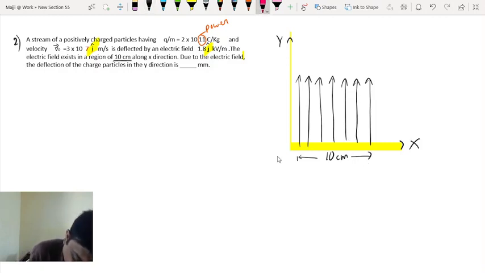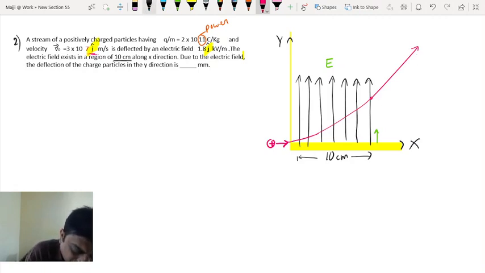So here a charged particle arrives along x-axis because its velocity is along x-axis. You can see the moment it enters the electric field, it starts experiencing a force in the positive y direction, that is in the direction of electric field. So naturally it will get deflected like this, and as it emerges out it will fly away tangentially.